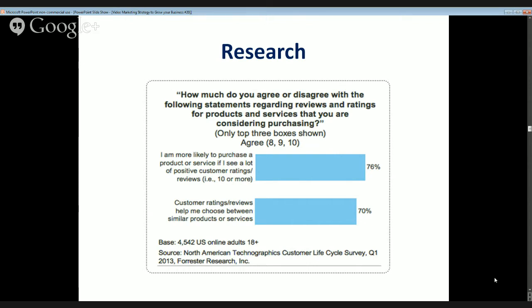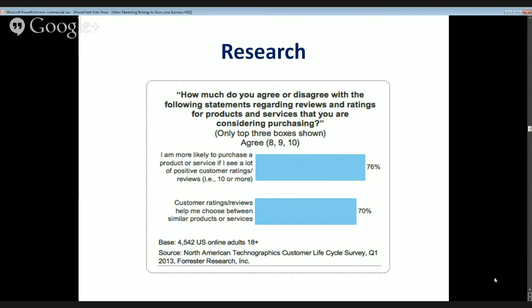All right, it just counts so much. Now, 70% of customers said that ratings and reviews will help them choose between similar products or services. This is absolutely massive.